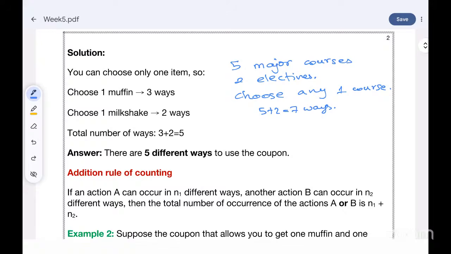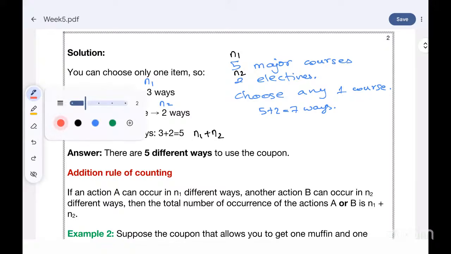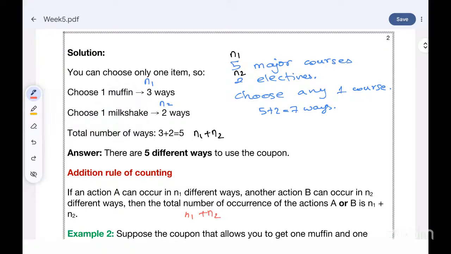So here in each case, the number of ways you can choose one muffin, for example, is 3 ways, and one milkshake is 2 ways. So this is your N1, this is your N2, and your answer is N1 plus N2. So this is the addition rule for counting.